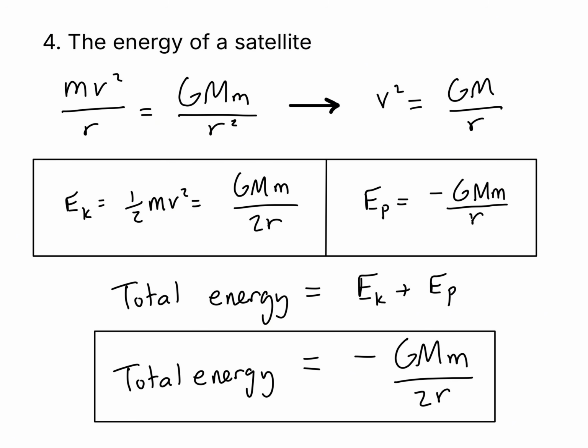The total energy of an orbiting satellite is negative, and those minus signs are correct. Don't be tempted to lose them. In fact, a negative total energy is exactly what tells you the satellite is bound. It doesn't have enough energy to escape to infinity, where the energy might be 0. Push its total energy up to 0 and it's gone. And that, in effect, is escape velocity all over again.